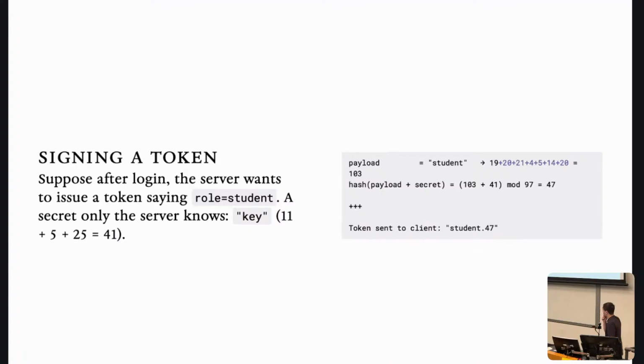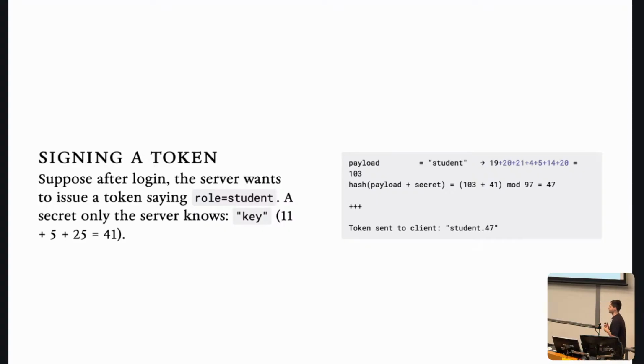Let's sign a token. Remember, a token is this idea of signing a payload, some data that we care about. In the context that we're talking about in authentication, we're signing maybe something like a user's ID and an authorization level, like the role. So let's say the payload here is the string student.